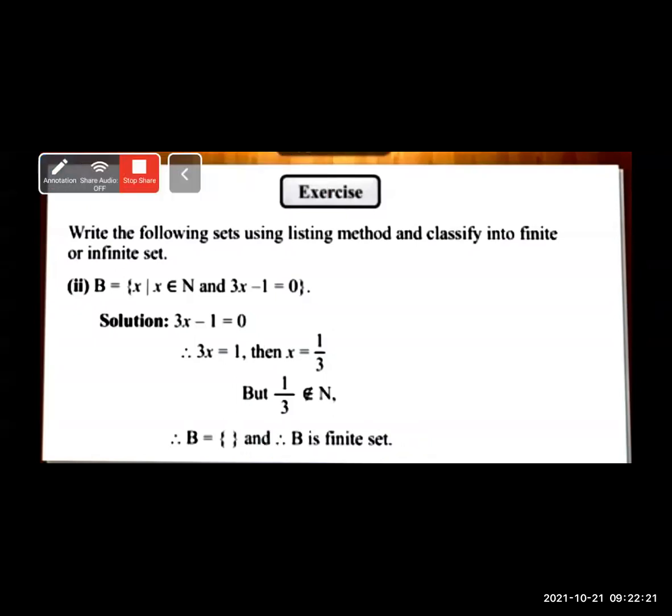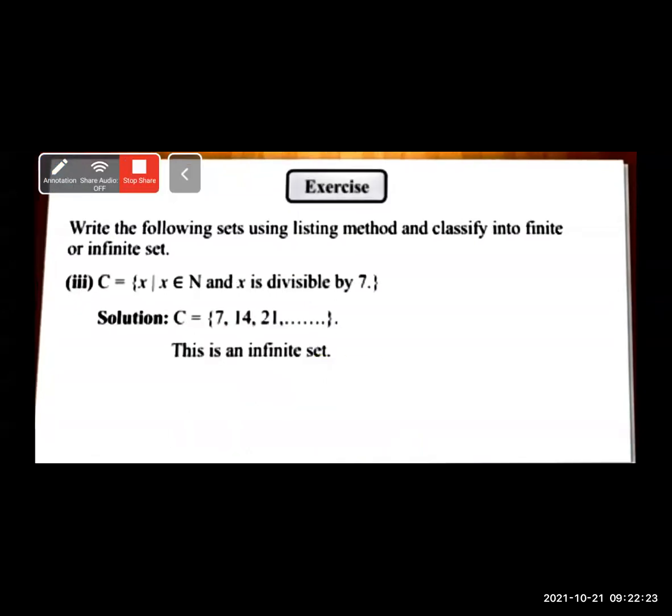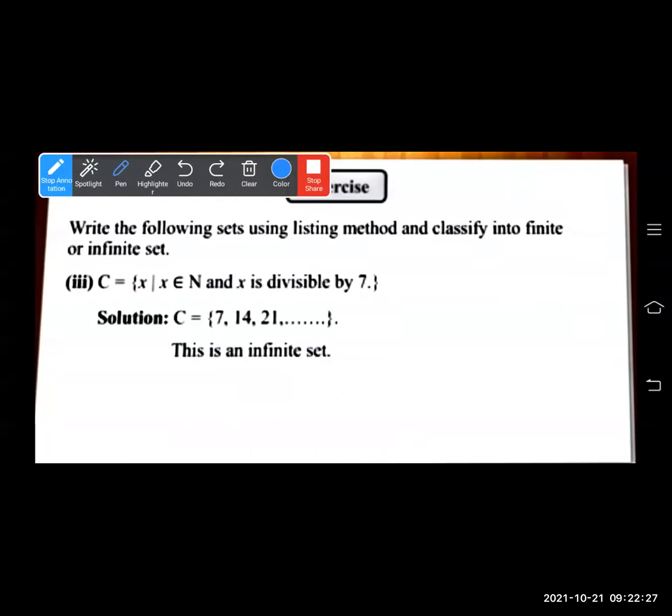Okay. Let's see the third question. C is equal to the set of all x such that x is divisible by 7. So you have to list out these elements. x is divisible by 7. As I told you, x is a multiple of 7 or x is divisible by 7. In both conditions, you have to write the table of that number.